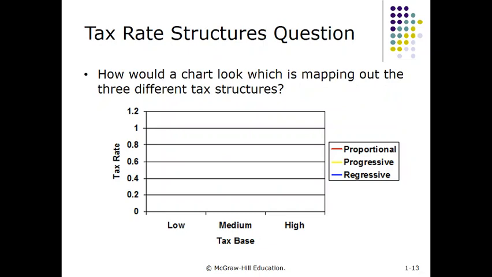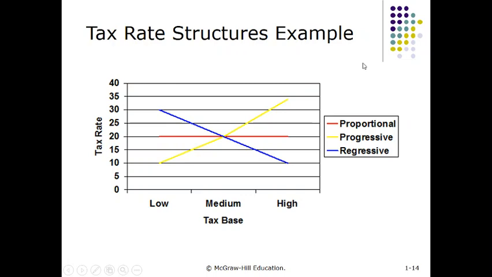And so it asks, how would a chart look, which is mapping out the three different tax structures. And so proportional would all be one rate, so it would stay the same on a graph.